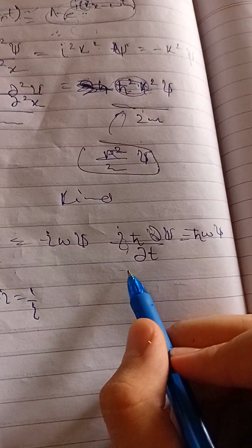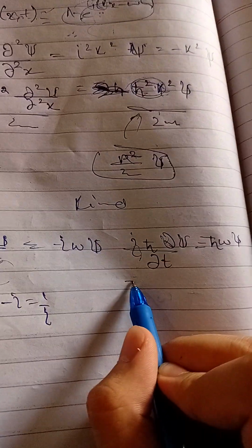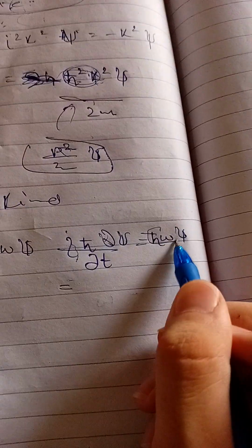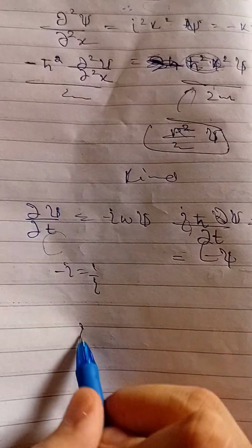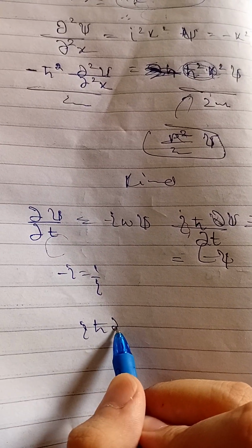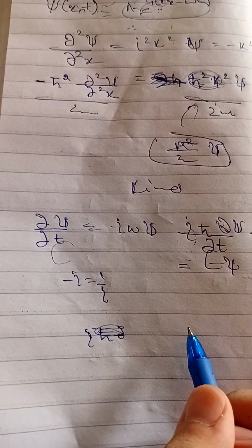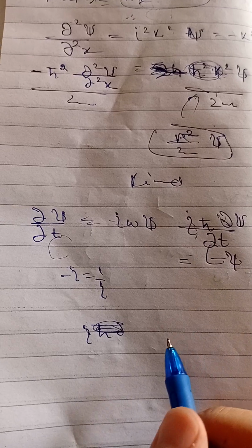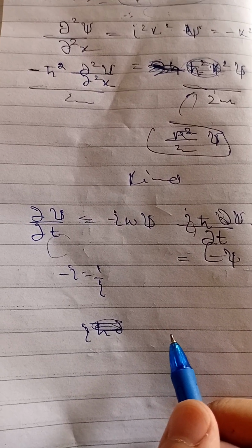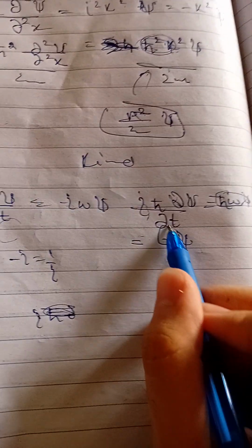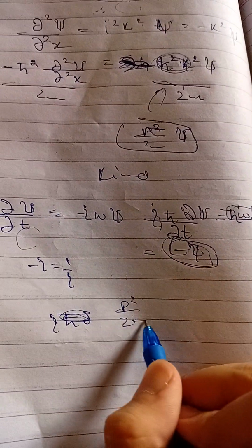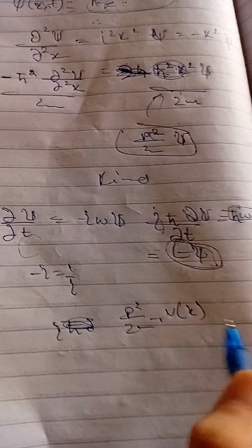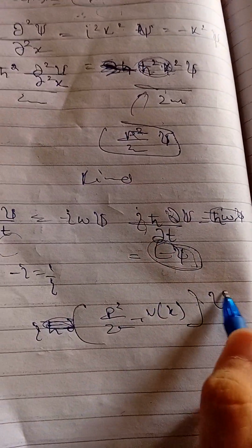We basically have the de Broglie equation, energy, and this will give us the total energy, which is p squared over 2m plus V of x. That gives us the total energy, whereas the other just gives us kinetic energy.